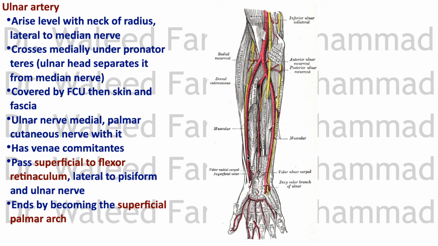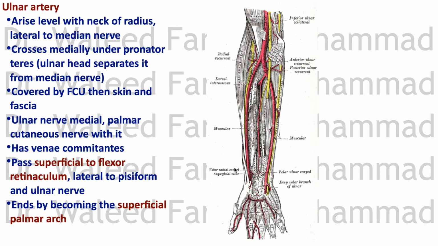It has venae comitantes with it and passes superficial to the flexor retinaculum, not in the carpal tunnel, lateral to the pisiform and ulnar nerve, and ends by becoming the superficial palmar arch.